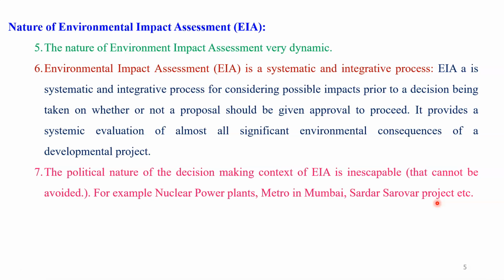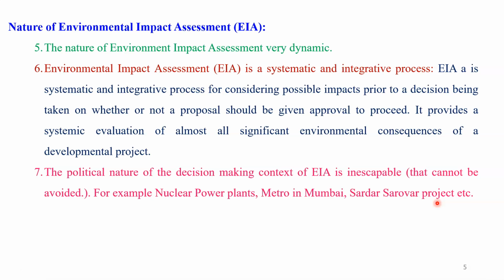you will observe that when the environmental impact assessment process was carried out, there was some political interference. The various political parties of India were involved in finalizing the decision about the process.